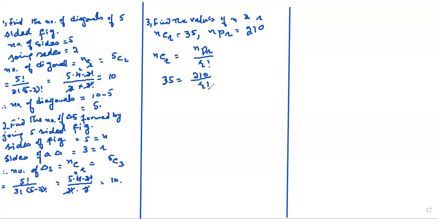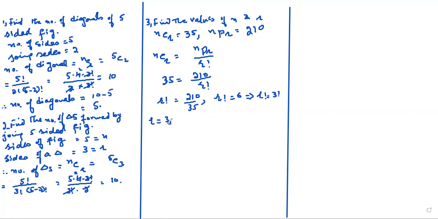Now r factorial equals 210 divided by 35, which means r factorial is equal to 6, implies r factorial equals 3 factorial, which means r equals 3.